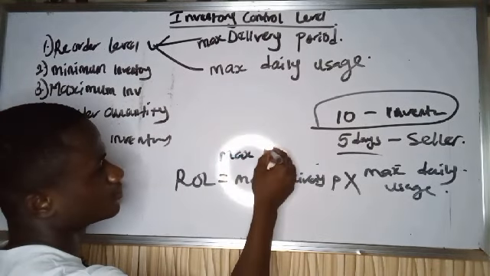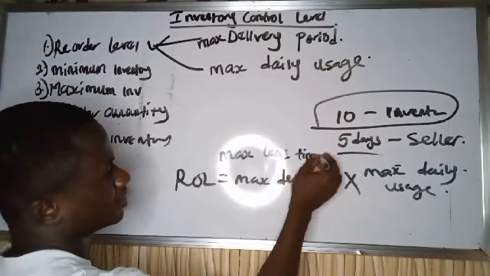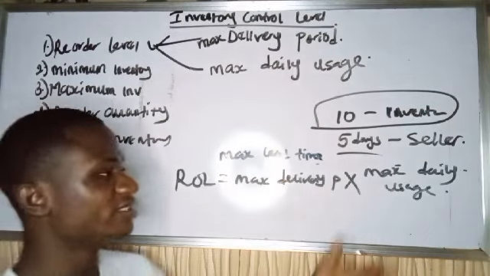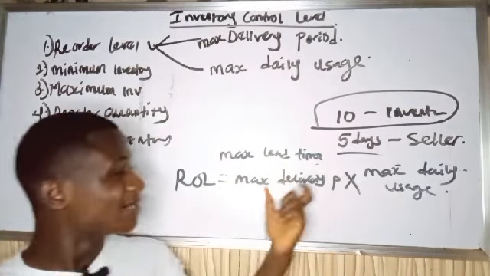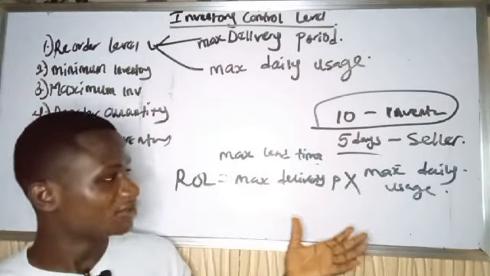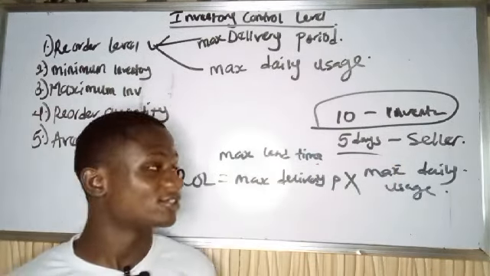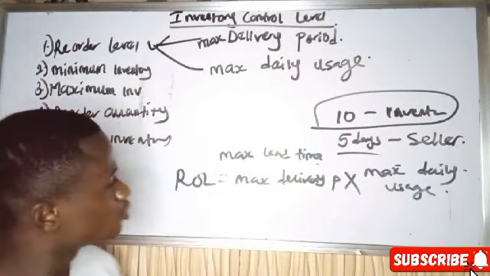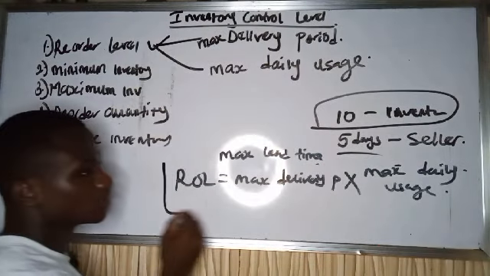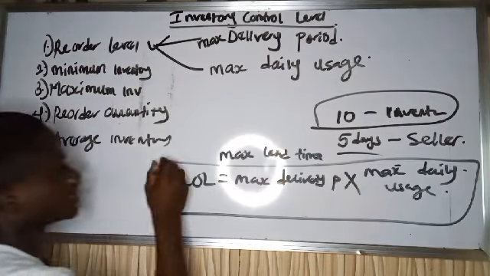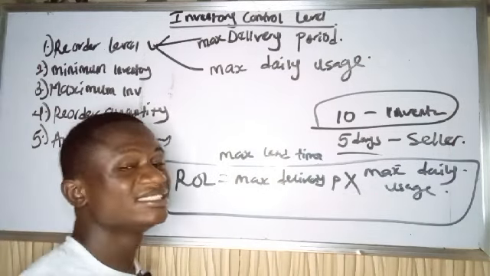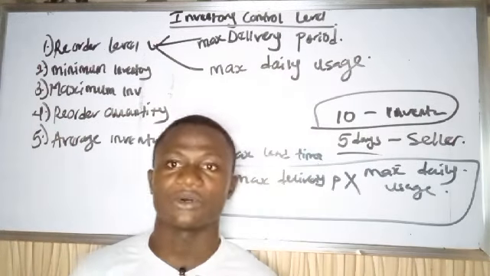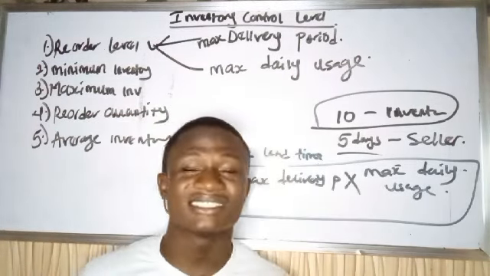So you just say maximum lead time times maximum daily usage. Any of the two is what you can use. You can say maximum lead time or maximum delivery period, multiplied by maximum daily usage. So this is how we got the formula for reorder level. That means our daily usage multiplied by the delivery period it will take for our supplier to deliver. So that is reorder level.